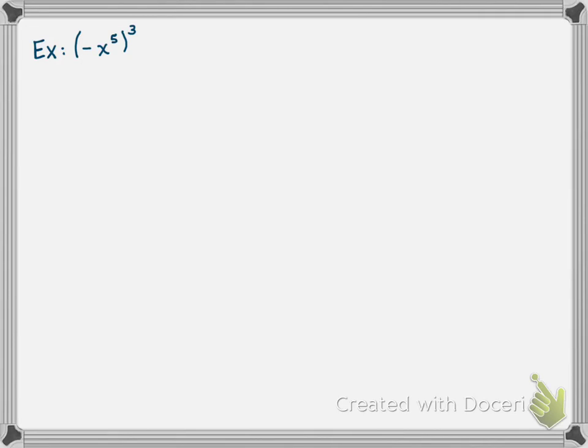So we've talked about this negative business before, right? If I have negative 3 squared, what does that equal? Right, so this is like negative 1 times 3 times 3, right? So that negative is like a factor of negative 1, and it's not part of the base of this expression.